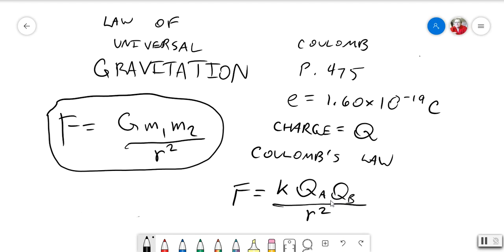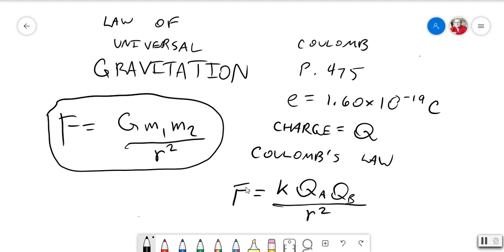Obviously, the forces between two charged things are going to be greater for a stronger charge and lesser for a smaller charge. The distance between them, inverse square law again, which is what we call that. I'll discuss that in detail in future videos. The farther apart they are, the lower the force between them. And there is a constant, which I'm not going to go into detail about right now.